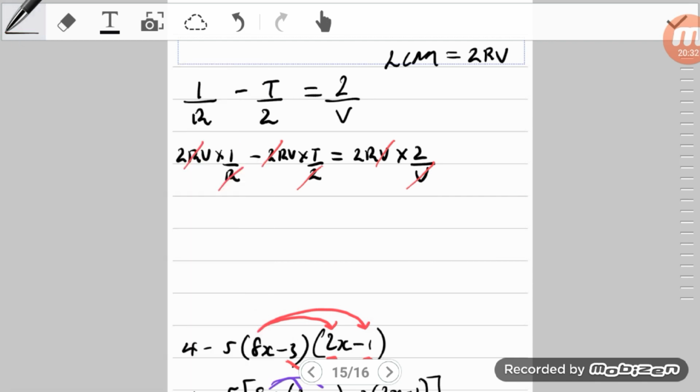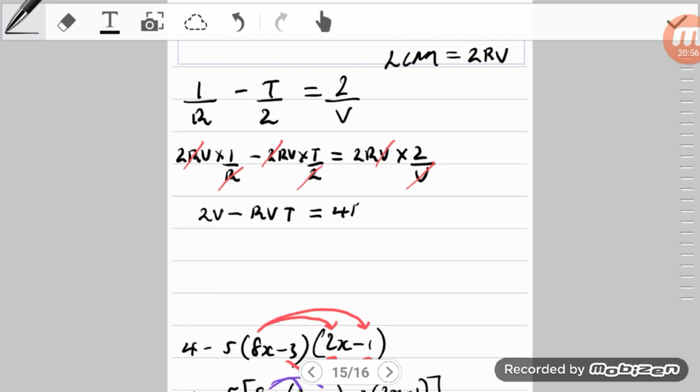So now what we have is just 2 multiplied by V multiplied by 1, that's 2V, and RV multiplied by T gives us RVT, and therefore that is equal now to 2R times 2. 2 times 2 is 4, so that's 4R.